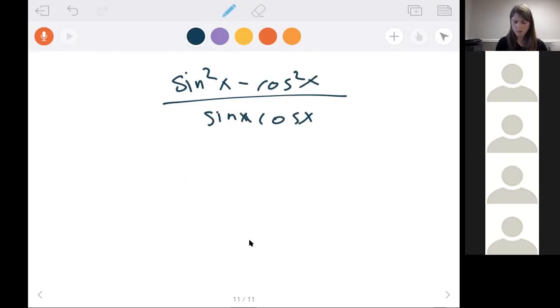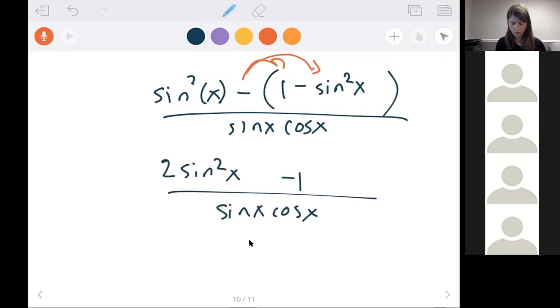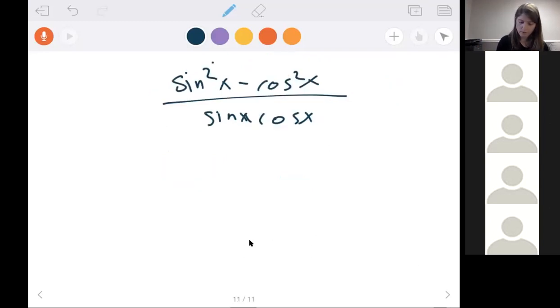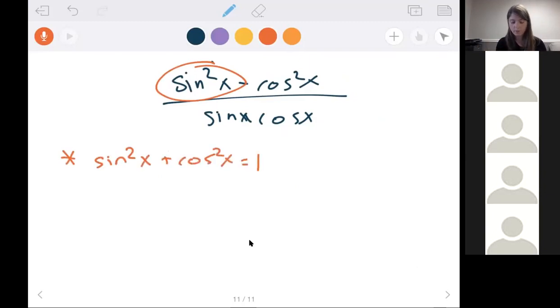Okay, so then notice what we did before is we replaced the cosine squared. So let's now replace sine squared. Okay? And again, we're using the idea that sine squared plus cosine squared equals 1. Doesn't matter the order you write that plus. So sine squared is going to be 1 minus cosine squared.